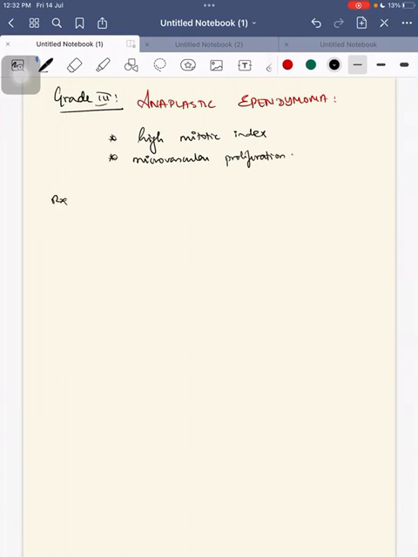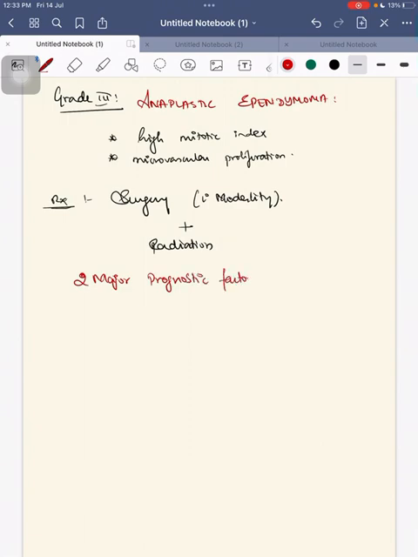The treatment of ependymoma is surgery, the primary modality, along with radiation. So what will be its prognosis? There are two major prognostic factors. First one is age. When the child is of young age, there will be a poor outcome.